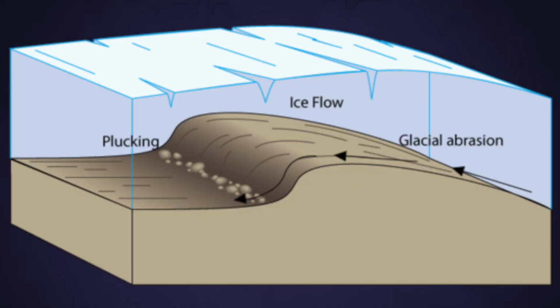Plucking. Plucking or quarrying involves joint block removal. Plucking is important in areas with well-jointed rocks, in the areas where blocks of rocks have already been loosened by frost wedging.